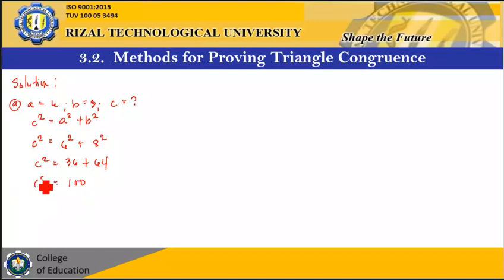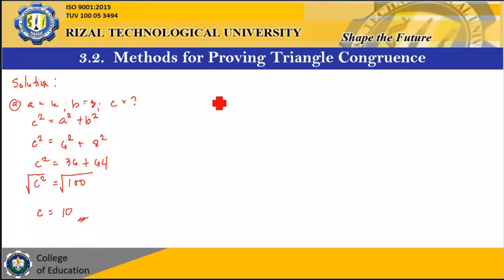So c squared is equal to 100. Then let's apply the square root property. We take the square root of both sides, so the square root of c squared is c, and the square root of 100 is 10, and therefore c is equal to 10.